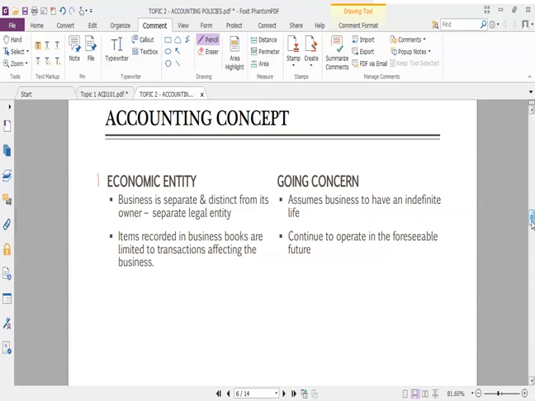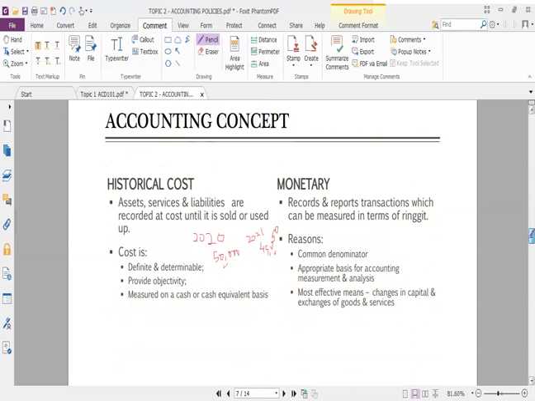Right. So let's look at the historical cost. What about the historical cost? You know about the asset, service and liability, all the things that are recorded. You already know that we should record all the amounts of the assets and liabilities in the financial statement, right?